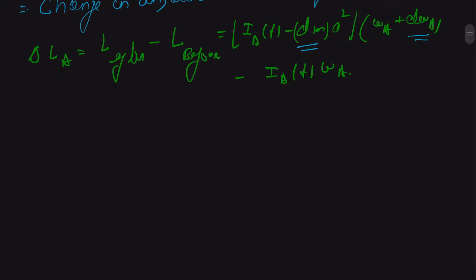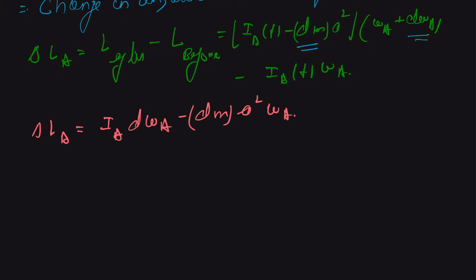Therefore the change in angular momentum will be equal to IA d omega A minus dm a squared omega A. And we have to remember that the product of dm and d omega A is ignored.